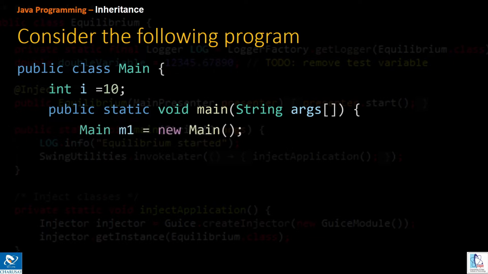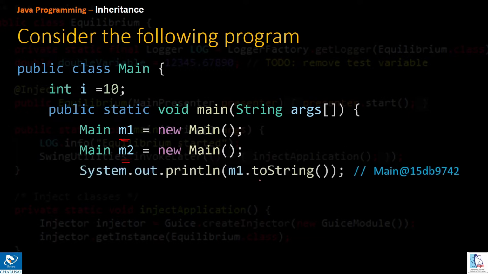Here we have created objects of this class: Main m1 = new Main, and Main m2 = new Main. Both m1 and m2 are reference variables of Main objects.